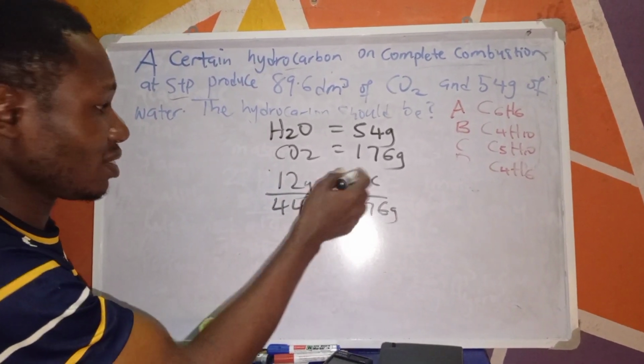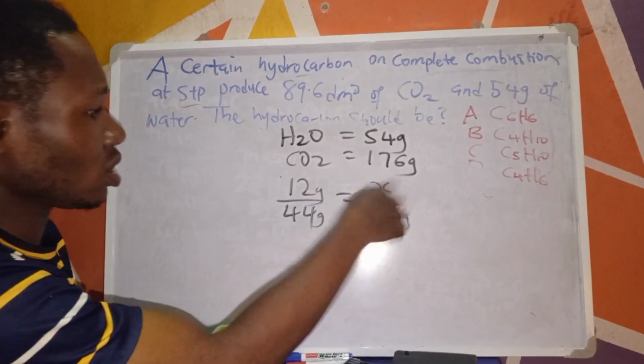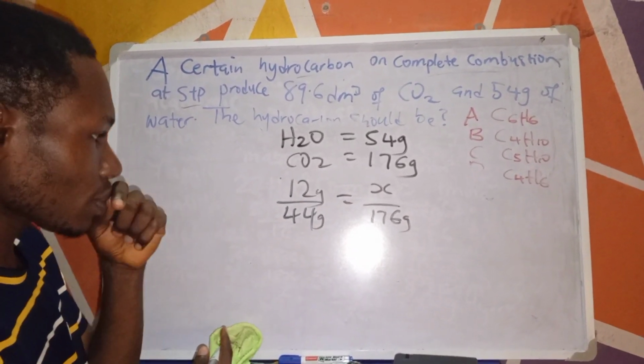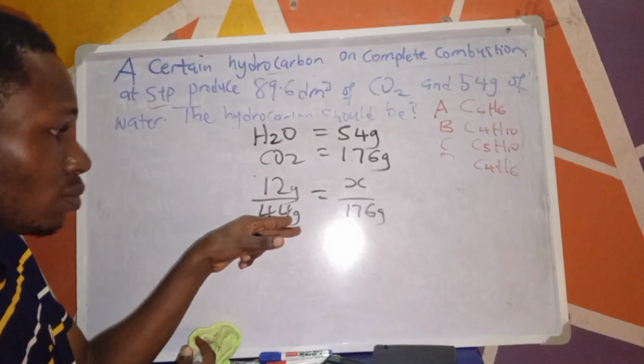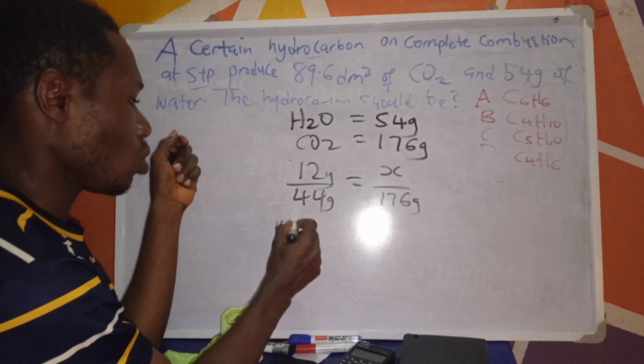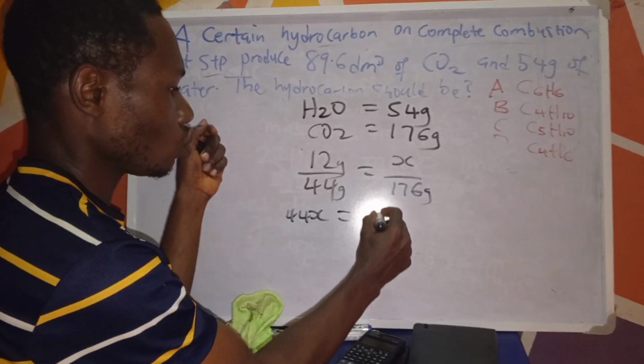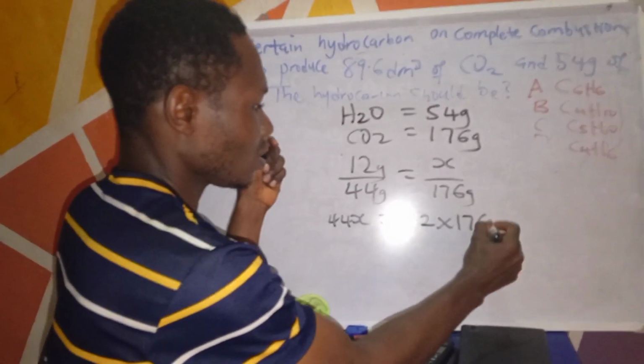We don't really need this gram anyway. This will cancel this, and we'll have the unit we need. The same thing we do, we cross multiply. We have 44x is equal to 12 times 176.